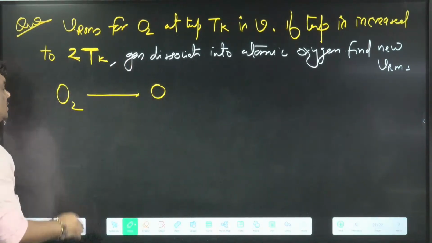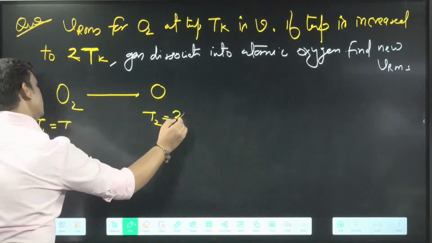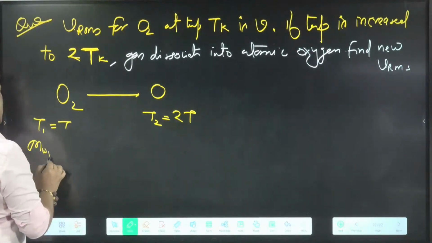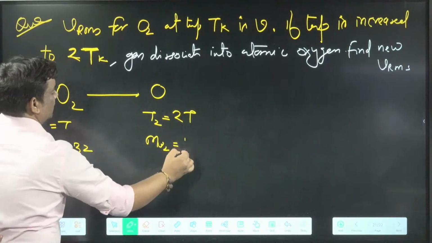I am writing here. Temperature was T, but now temperature is 2T. MW was 32, but now MW will be 16.